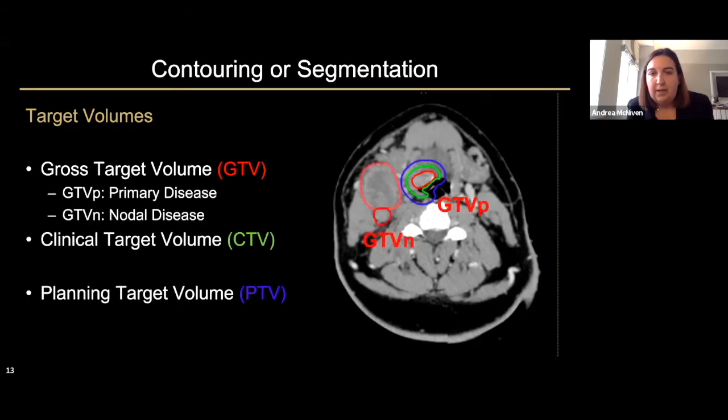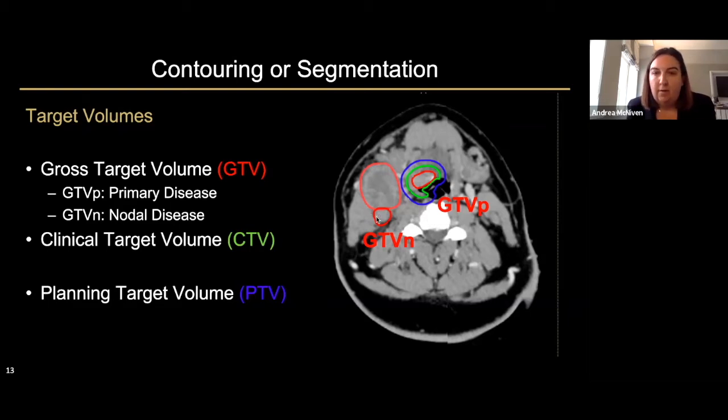I believe you'll see in some of the items you'll have some additional nomenclature documentation. So GTVP refers to the primary disease, or the original tumor where it initiated. So this would be the GTVP. But we also might have, for some patients, depending on the staging of their disease, it may have spread to the lymph nodes, and this would be nodal disease.